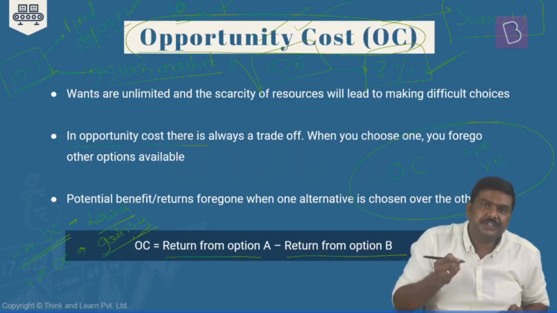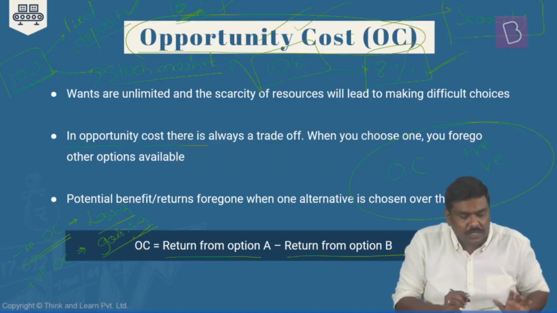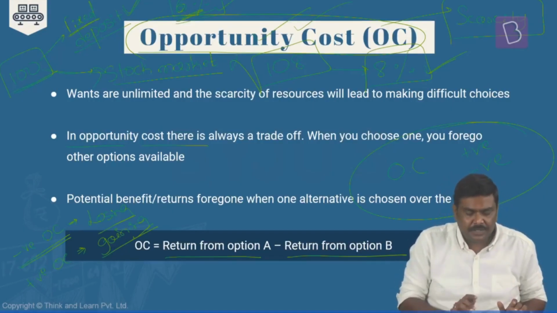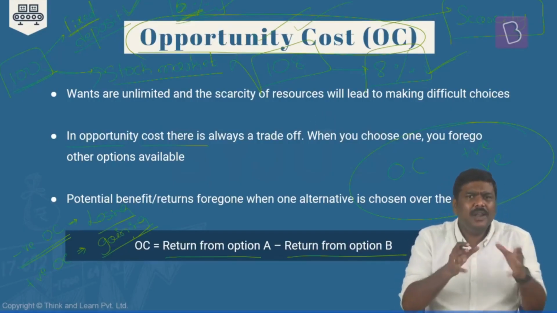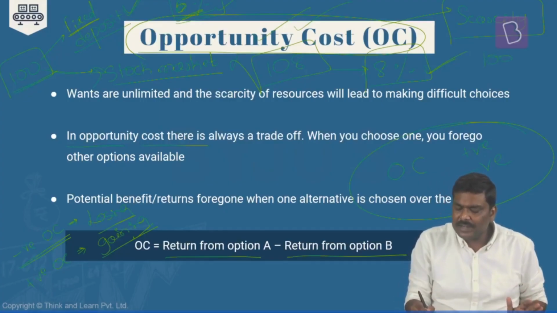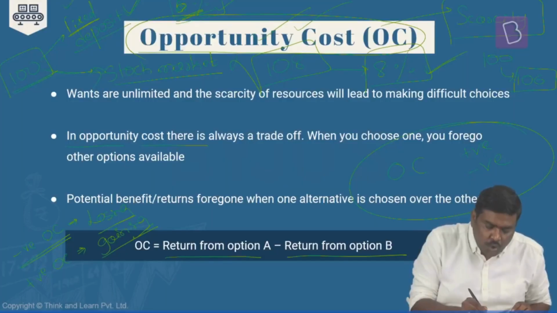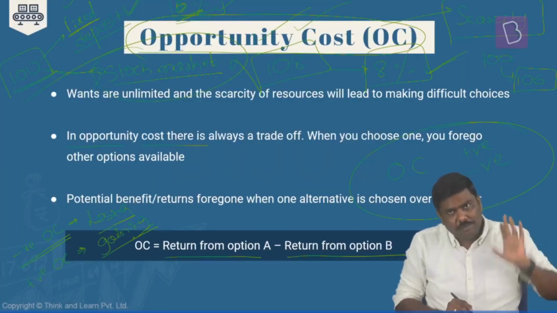You kept your money in a fixed deposit. You earned a 6% rate of interest. Your decision was to keep the money in the fixed deposit and after 1 year, you will earn 6% interest. Right? So you kept 100. After 1 year, this became how much? 106 rupees.